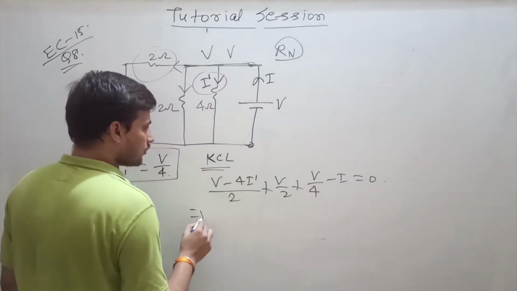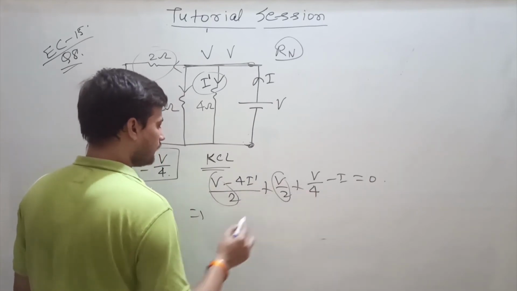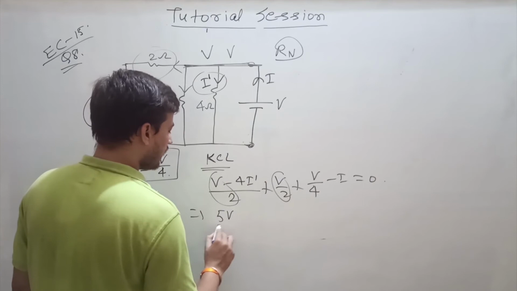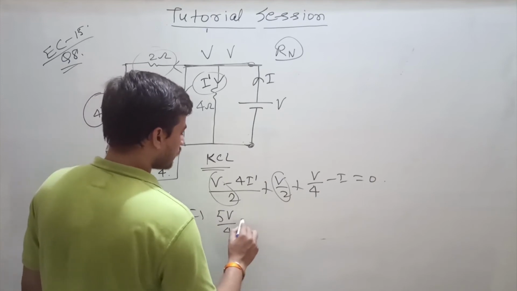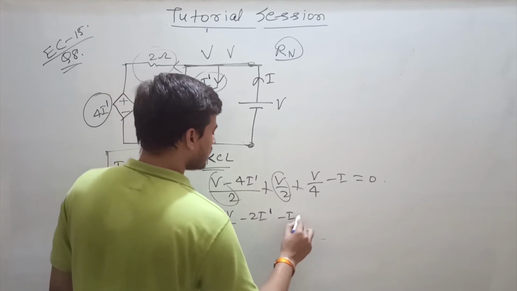Now you have V by 2 and V by 2, that means V, plus V by 4, that means 5V by 4, minus 2I dash minus I equal to 0.